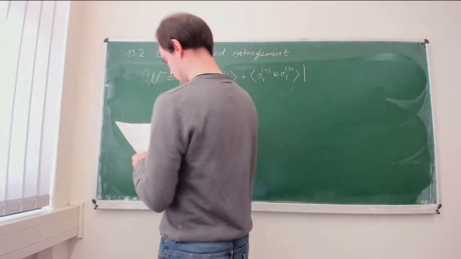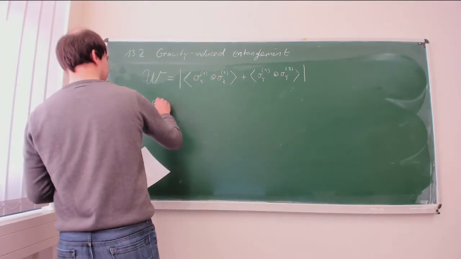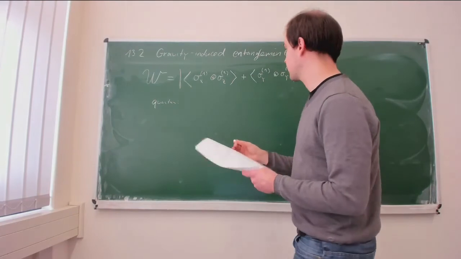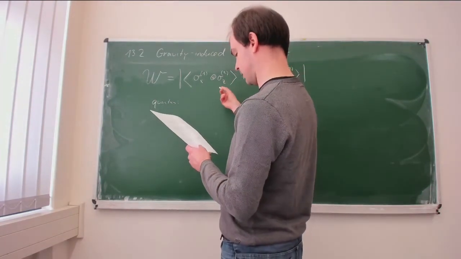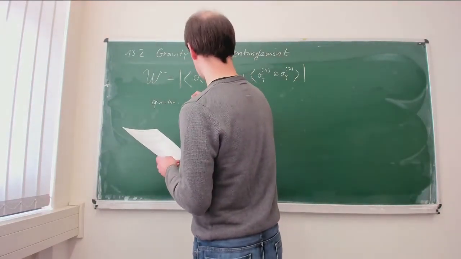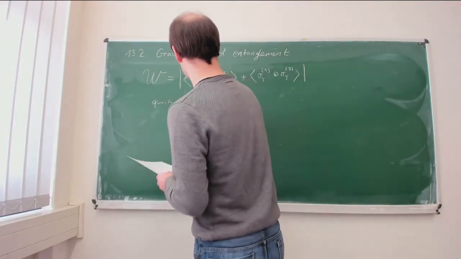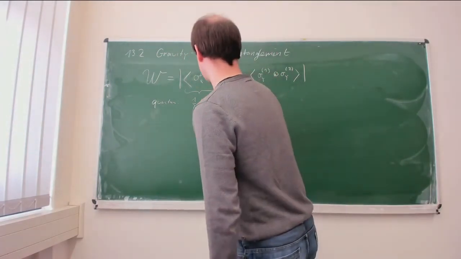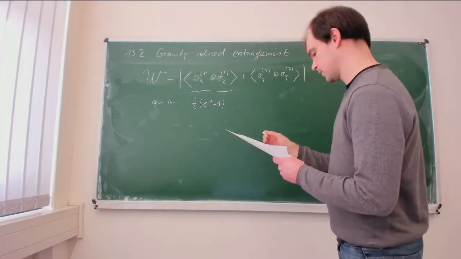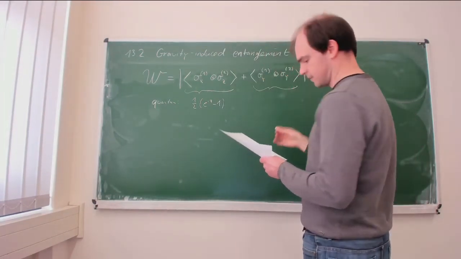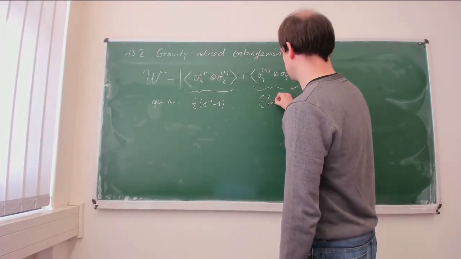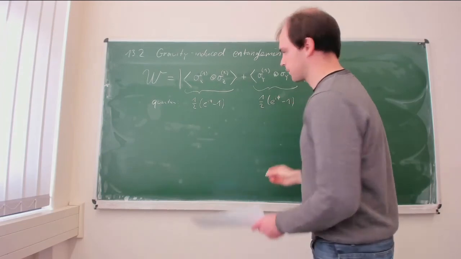and we find that in the quantum case, this expectation value gives us one half e to the i phi minus 1. And this expectation value gives us exactly the same, one half e to the i phi minus 1.